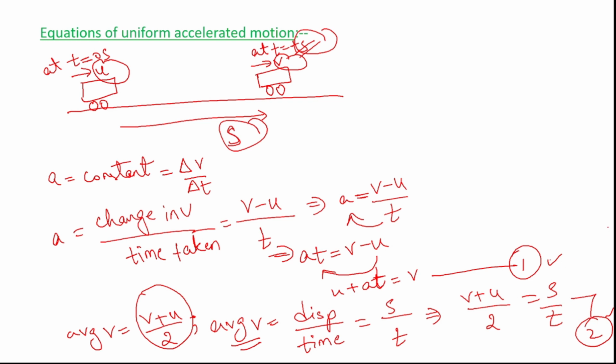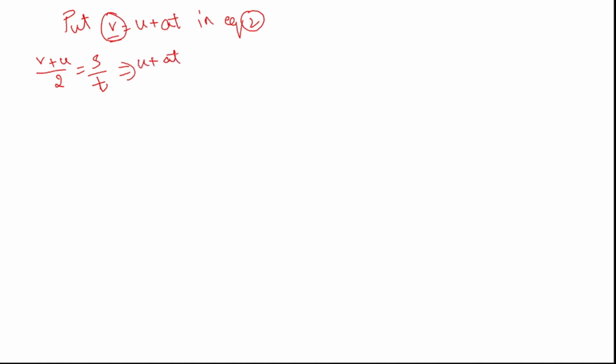Okay, next. Now let us put v equal to u plus at, that is equation 1, in equation 2. What is the second equation we have? (v plus u) by 2 equal to s by t, right. So we are substituting the v value, that is u plus at, in this equation. So what will you get? (u plus at plus u) by 2 equal to s by t.